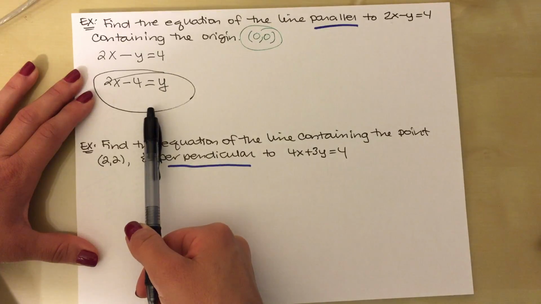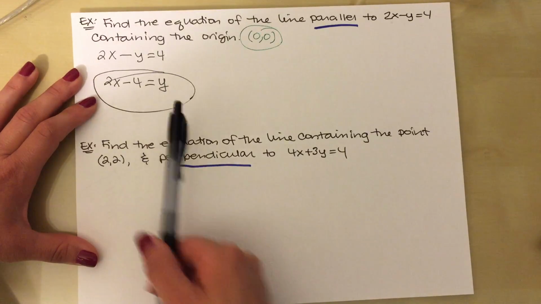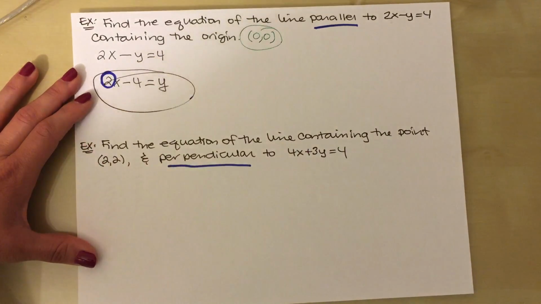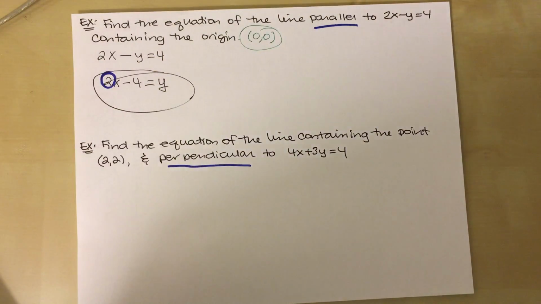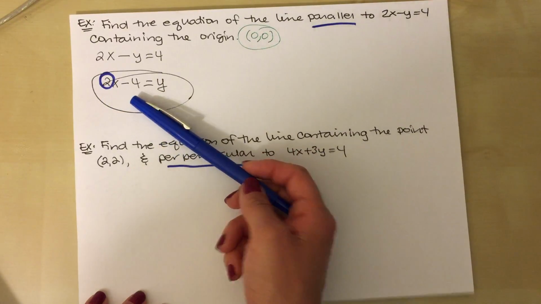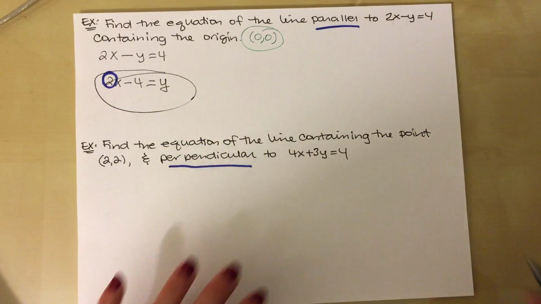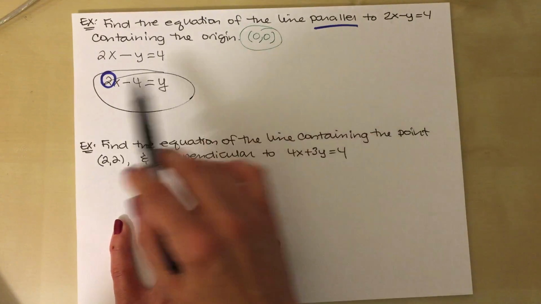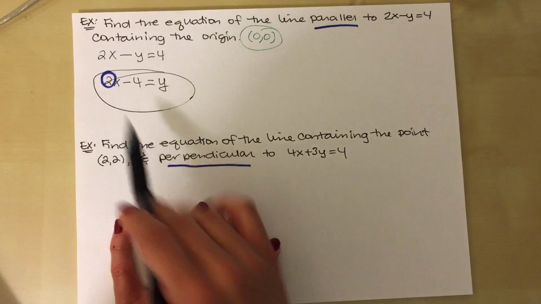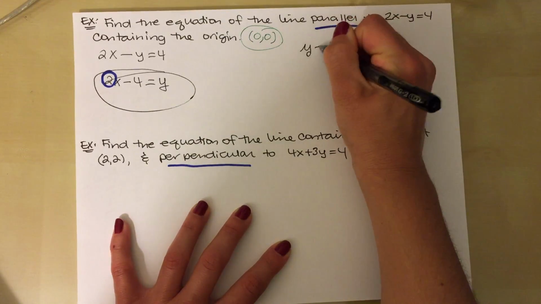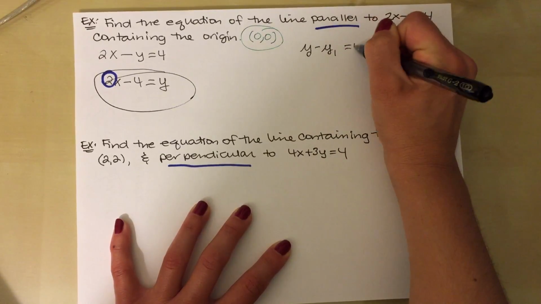Once the equation is in slope-intercept form, you can easily get the slope. The slope is 2. So the line that's parallel to this one has to have the same slope and a different y-intercept. So how do I get that line? Well, we're going to use the point (0, 0), slope 2, and then use point slope form, which let's just rewrite out here.